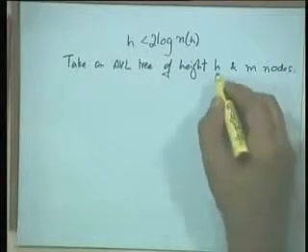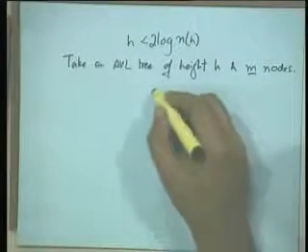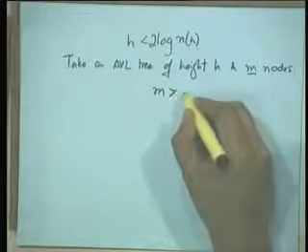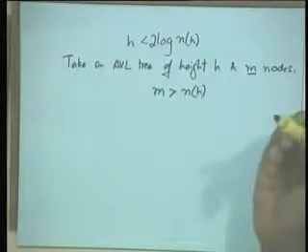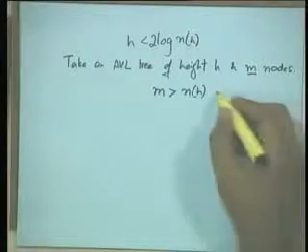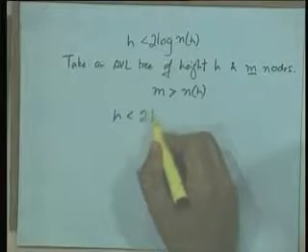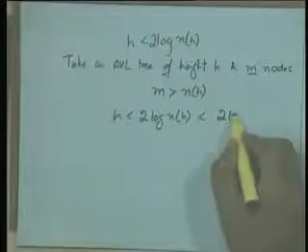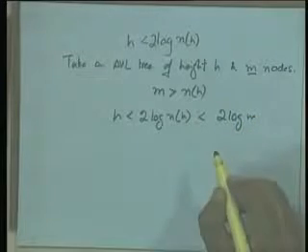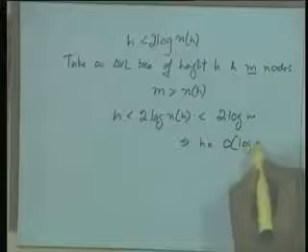So its height is h, it has m nodes in it. What does this imply? m is greater than n of h. This follows from our definition of n of h. And we know that h is less than 2 times log of n of h, which is then less than 2 times log of m. This implies h equals big O log of m.